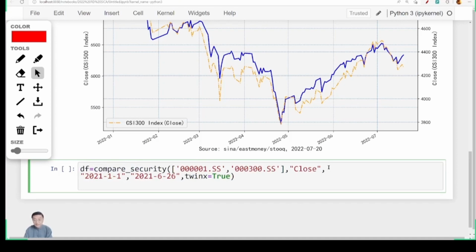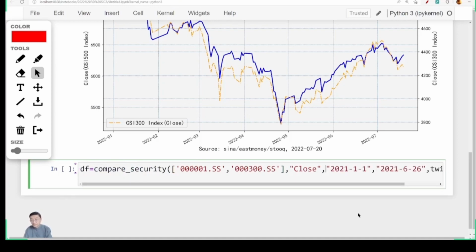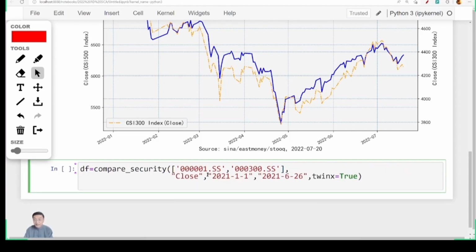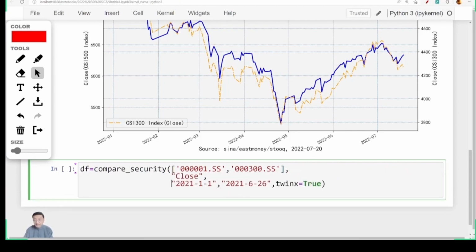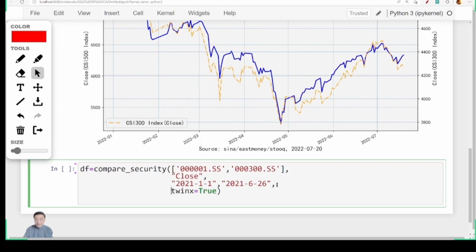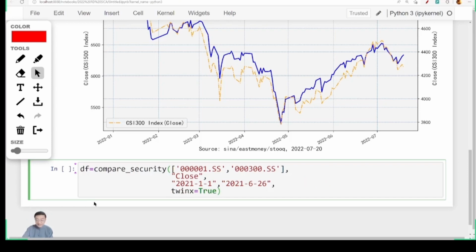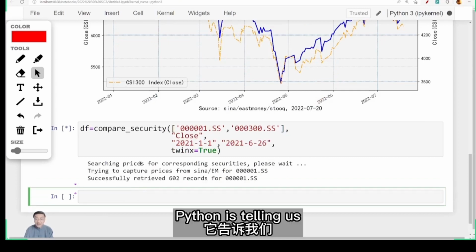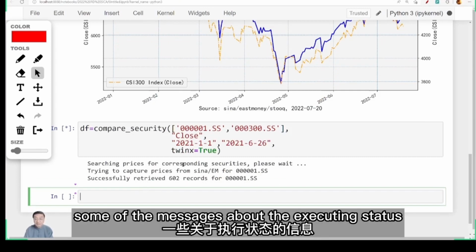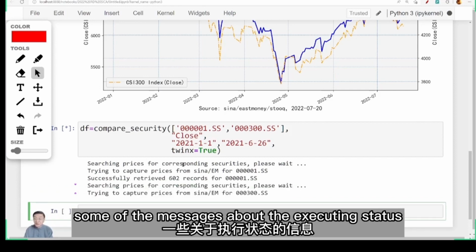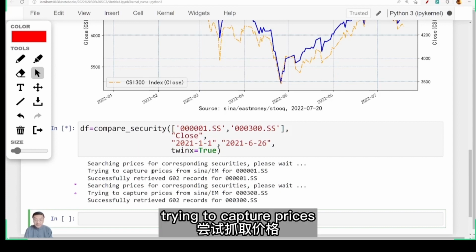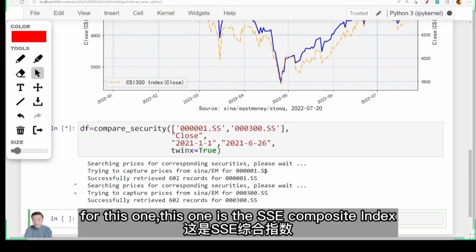In order to see this command clearly, let's add. Okay. Python is telling us some messages about the executing status. Searching prices, trying to capture prices for this one. This one is the SSE composite index.